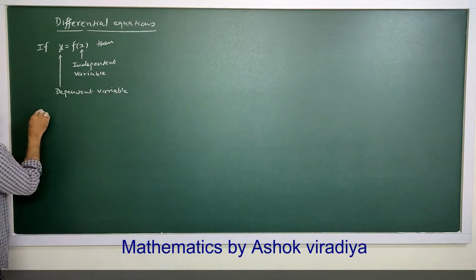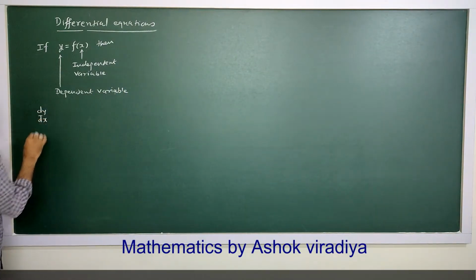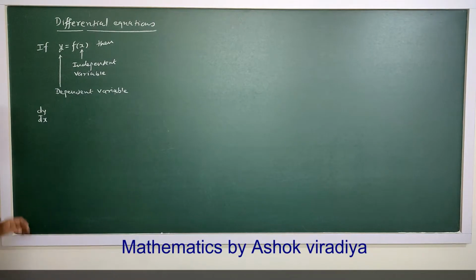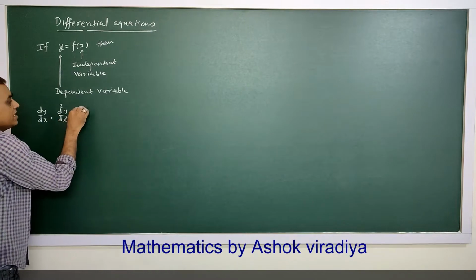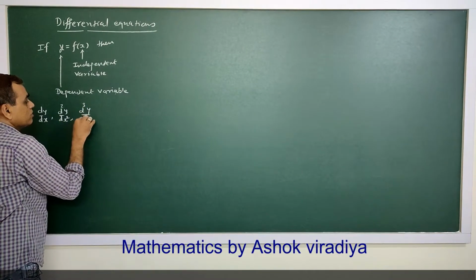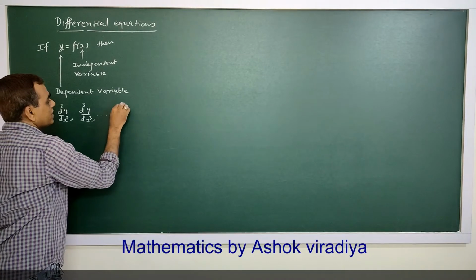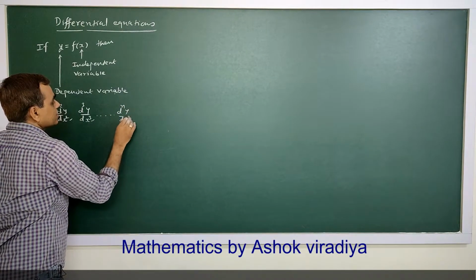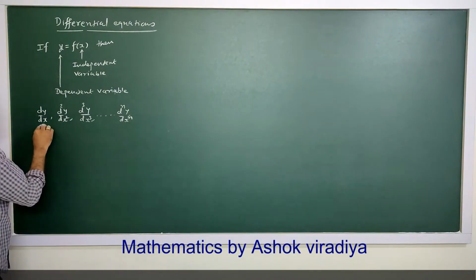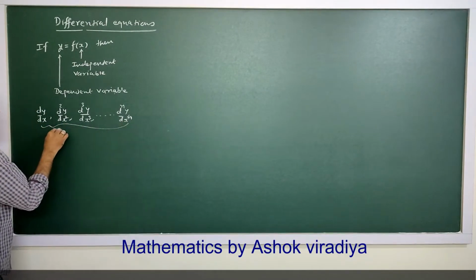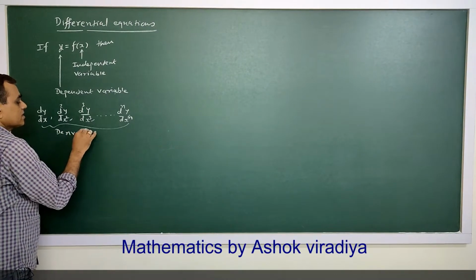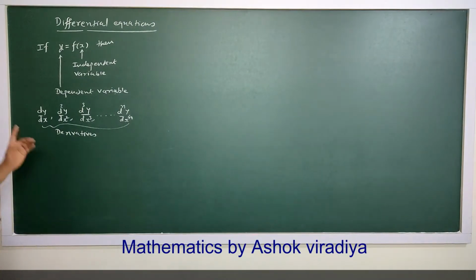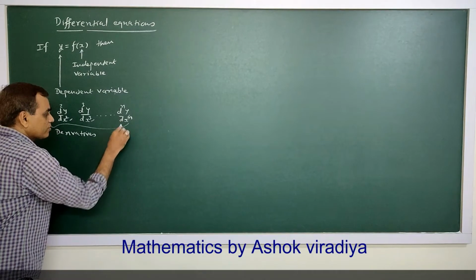So if y is a function of x, then dy by dx is the first order derivative, d square y by dx square, d cube y by dx cube, or d n y by dx n. So these are derivatives of y with respect to x. This is the nth order derivative.